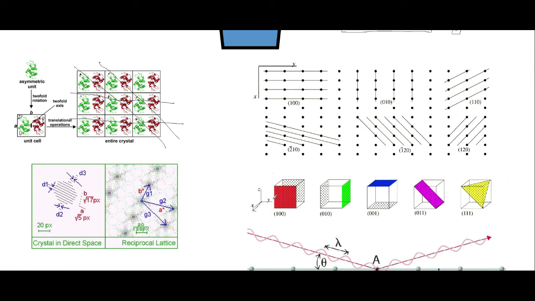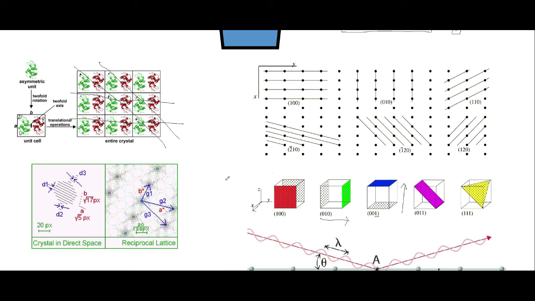But then all of the other ones are at 0, and same here where y is at 1. The other ones are at 0, and z is at 1, and the other ones are at 0, and so forth. And so, like for this one, our y and our z are both at 1, and so on and so forth. And so we can come up with these different number indicators for our planes in the crystal. And these planes in the crystal are what we are going to diffract off of.